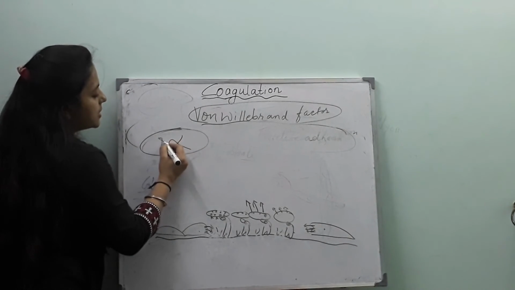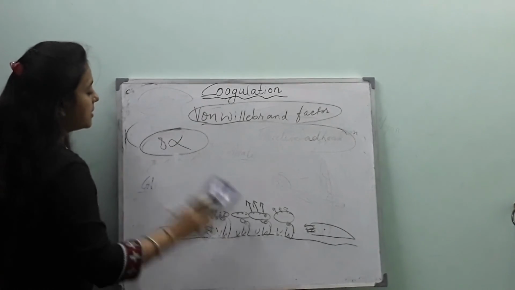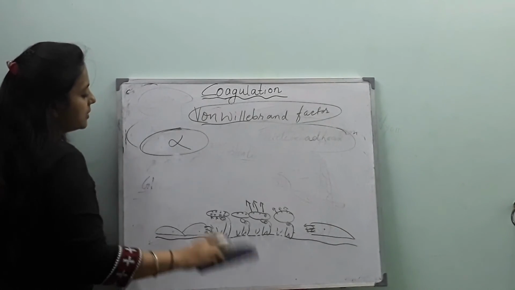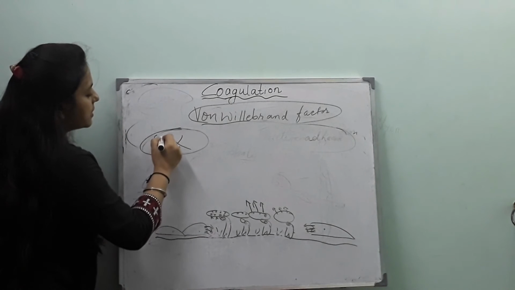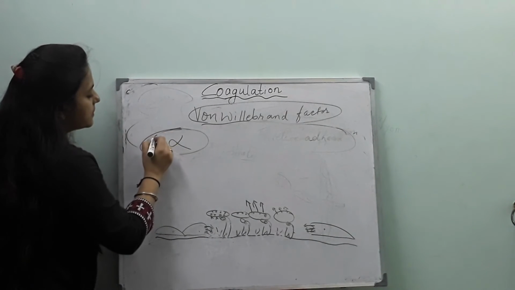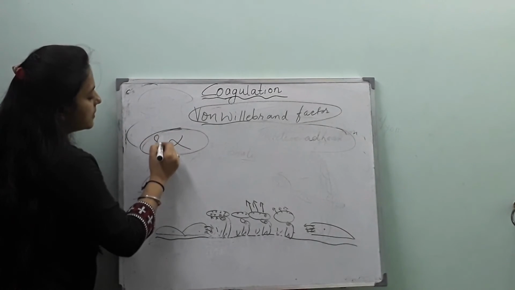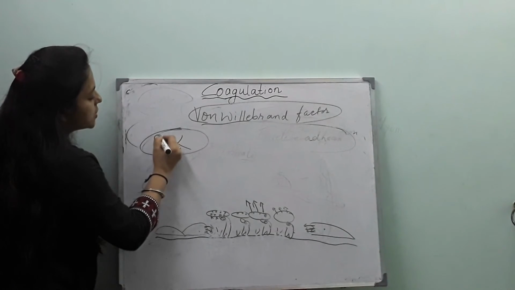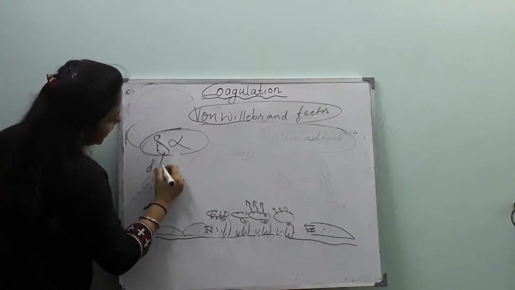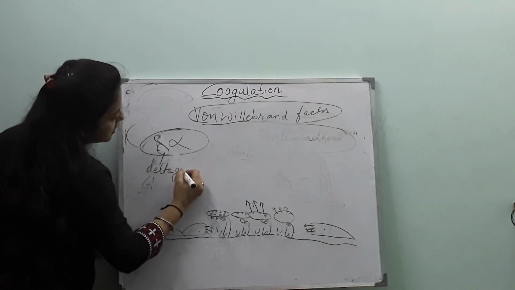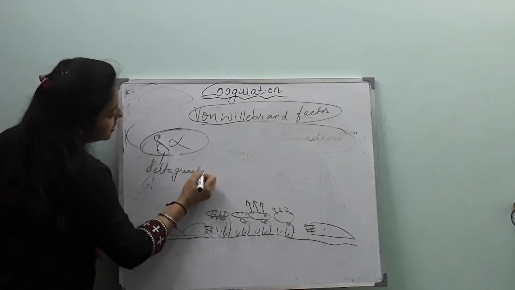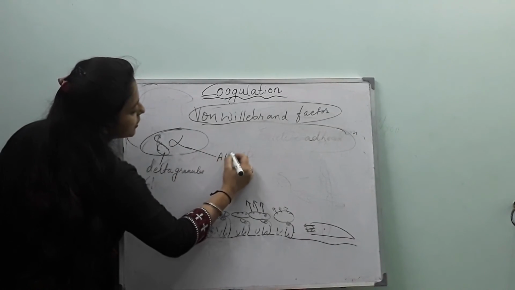This is called delta granules. It is present inside the platelets, and this is alpha granules.